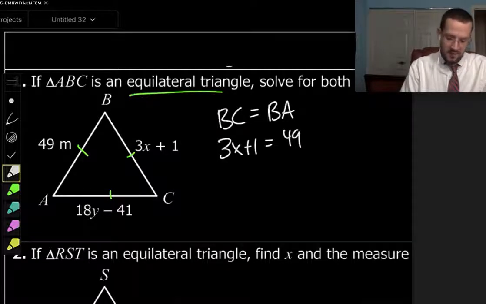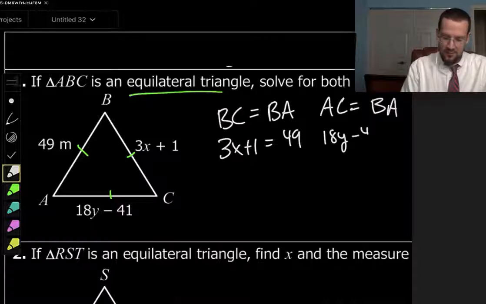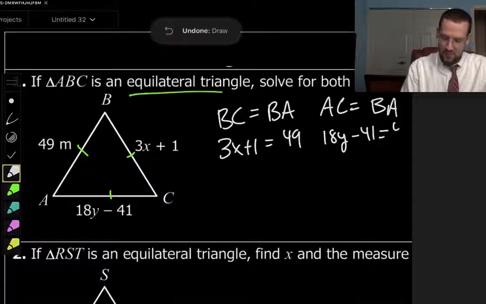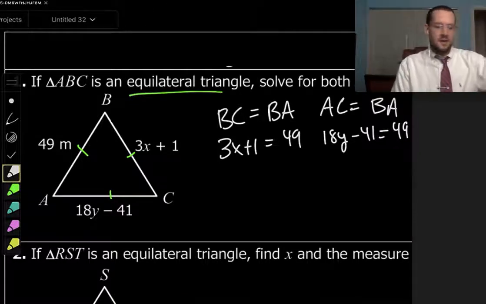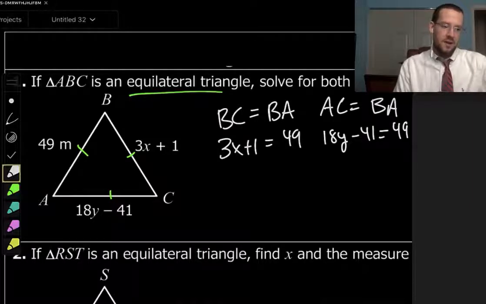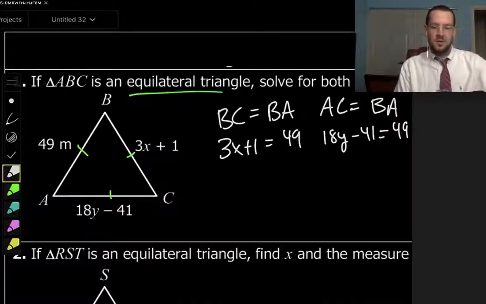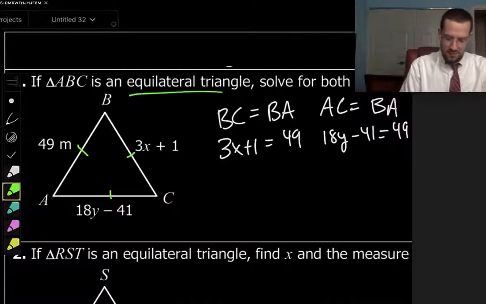We would also know that AC is equal to BA, and AC is 18y minus 41, and that is equal to 49 as well. We're just using the property that this is an equilateral triangle, which means that we have three equal sides. So we can set up a simple algebra problem to find both of these.